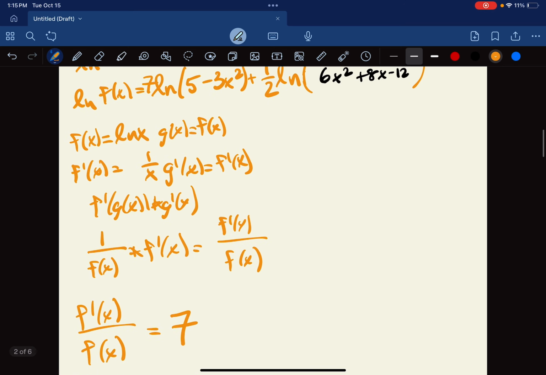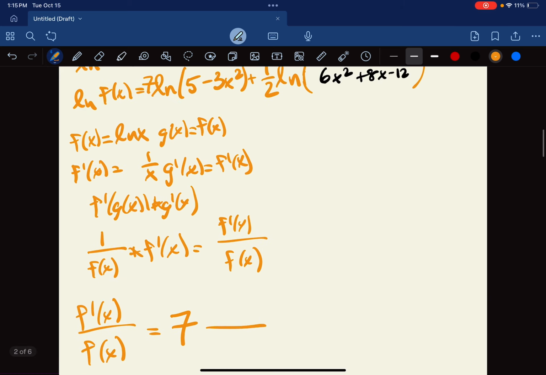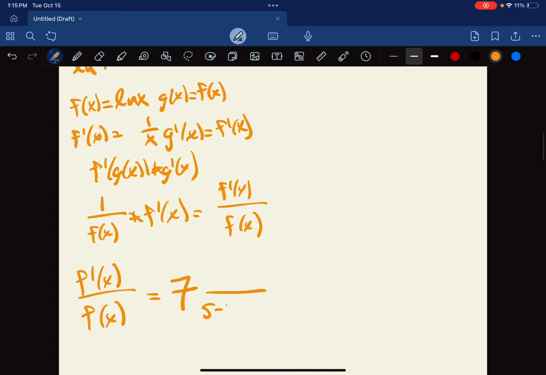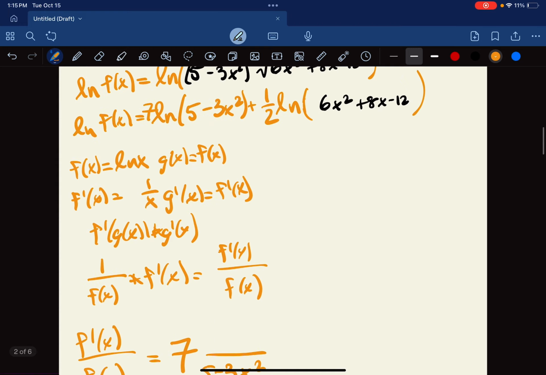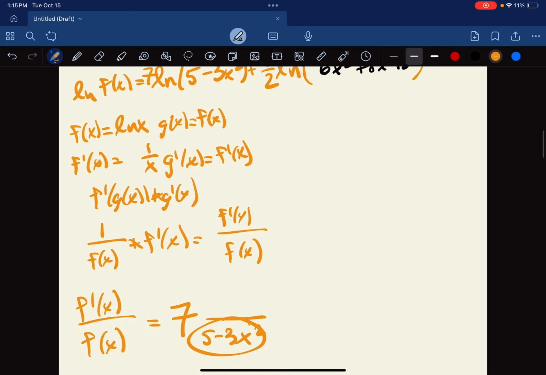The derivative of ln of 5 minus 3x squared is going to be that 5 minus 3x squared goes into the denominator, and the derivative of that goes into the numerator. The derivative of 5 is 0, and the derivative of negative 3x squared is just going to be negative 6x.